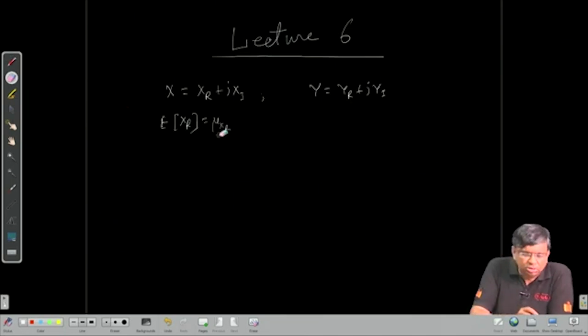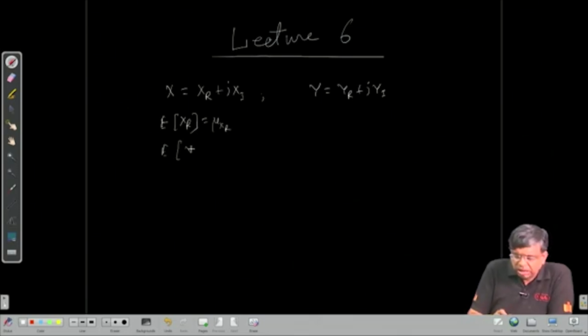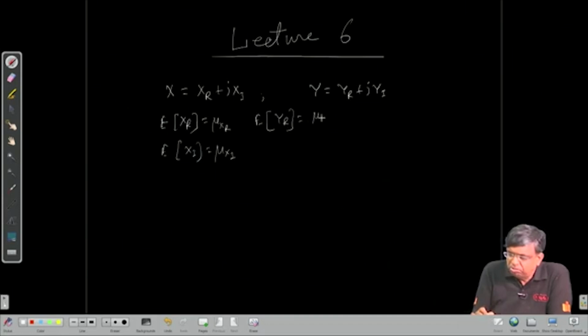I am wondering whether this is a good notation or there can be something better. Okay, let it be as it is. Similarly, x I has this mean mu x I, E of y r is mu y r, E of y I is mu y I.